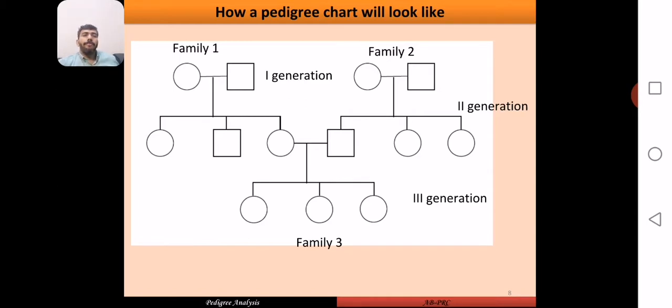And the females and all these are unaffected, there is no disease. The female from family 1 is married to the male, the son from family 2. You can see that relationship, and in that family they have 3 children, and that represents the 3rd family. So this is the way this family tree will be represented.